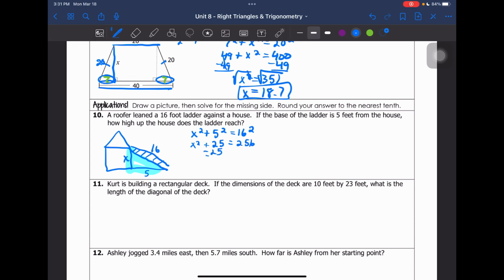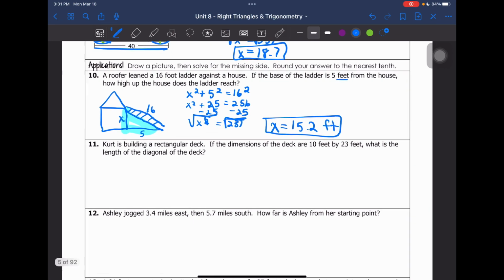I can subtract this. And that's 231. So in order to find what x is, I need to square root that. So the square root of 231 is 15.2. And we're talking in terms of feet, so I'm going to add that as my unit. And there we go.